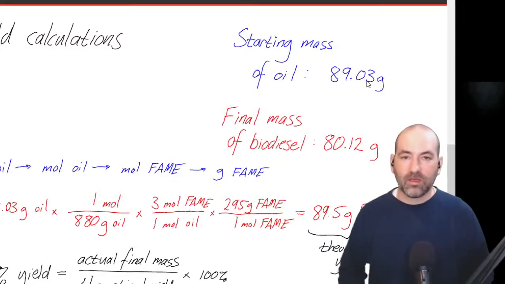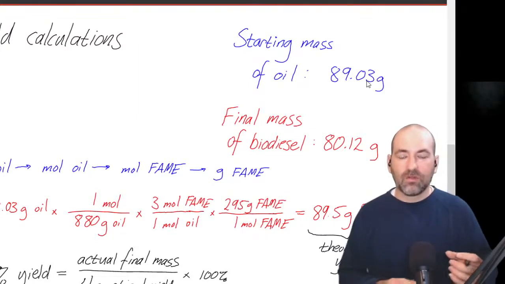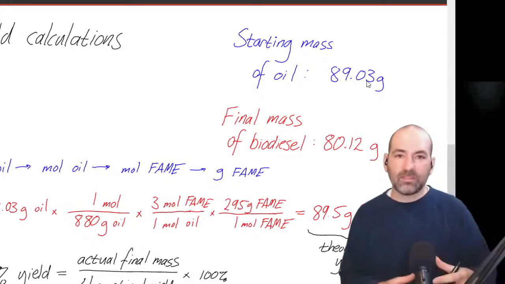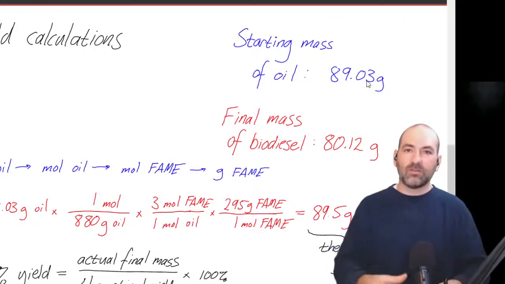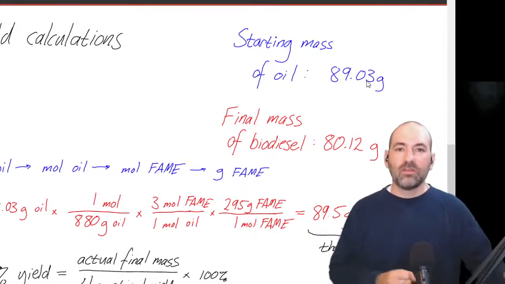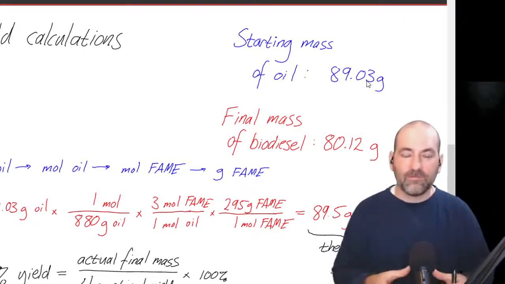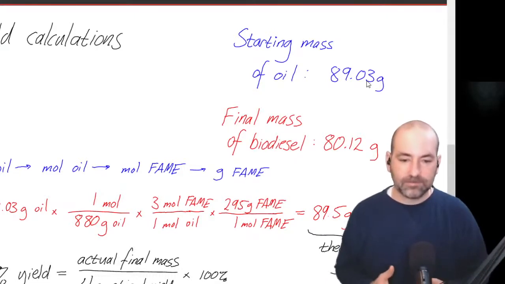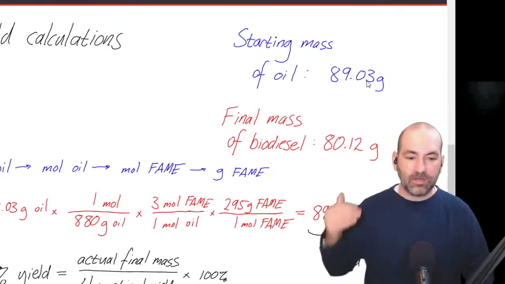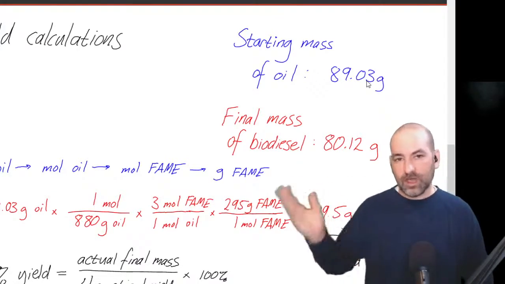So look around, like, if you had an empty graduated cylinder and then you've got the mass of the cylinder or the flask. I don't remember. I think we measured it in a flask. So you weighed the flask empty, you poured the oil in, and then you weighed it full. So then you have to subtract the mass of the empty flask. And then the same thing with the biodiesel, which we did either yesterday or last week.